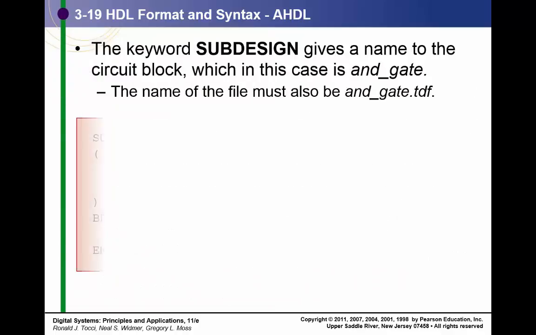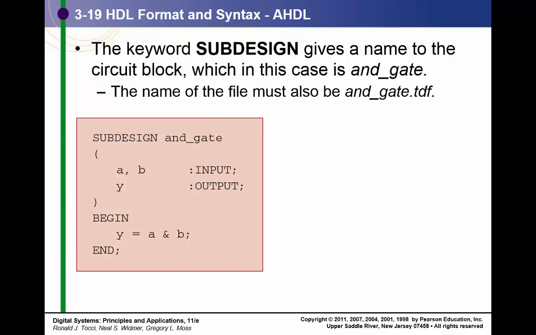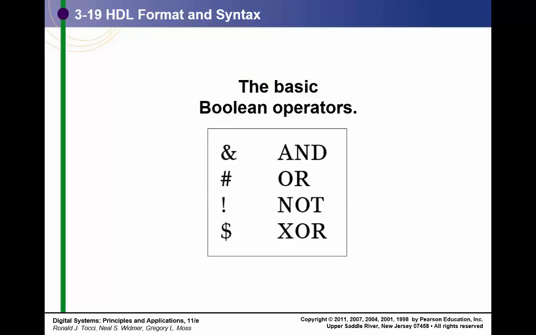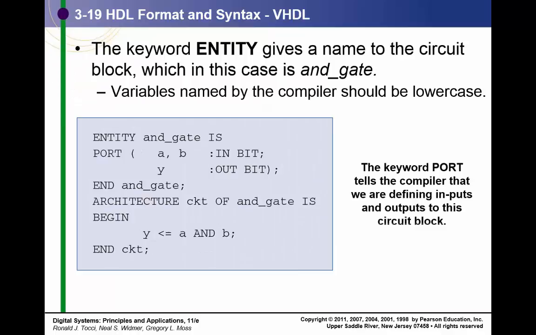So basically, this is the AHDL. Let me skip that and go straight to the VHDL. VHDL looks like this. We have 2 parts. One is describing the fact that we have a black box. This black box has 3 ports, A, B, and Y. A and B are inputs, Y is our output.